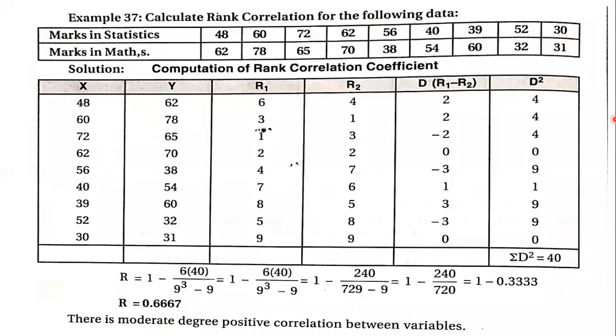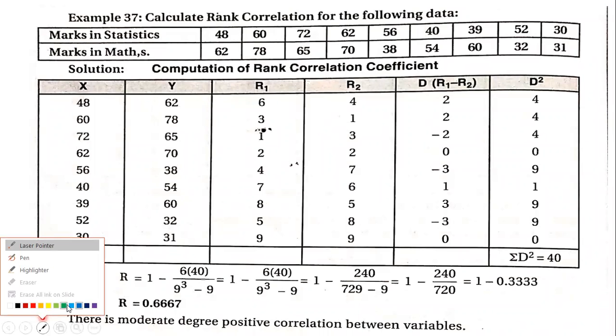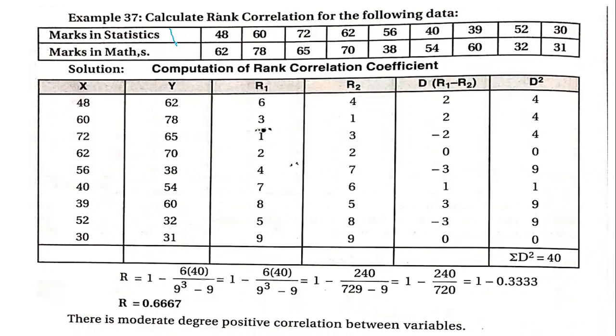Again, we are going to consider the marks in statistics as X and the marks in mathematics as Y. And copy down the numbers from the question. Now, since the ranks are not given to us, let us assign the rank.